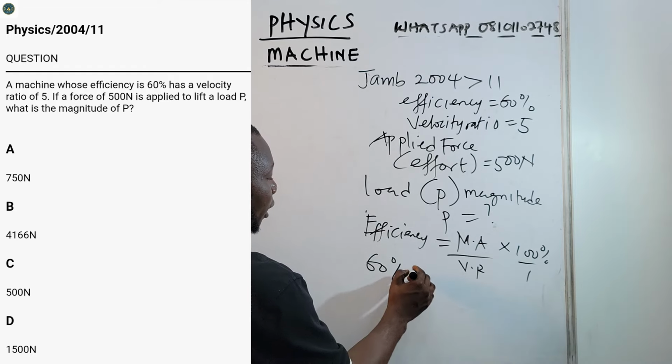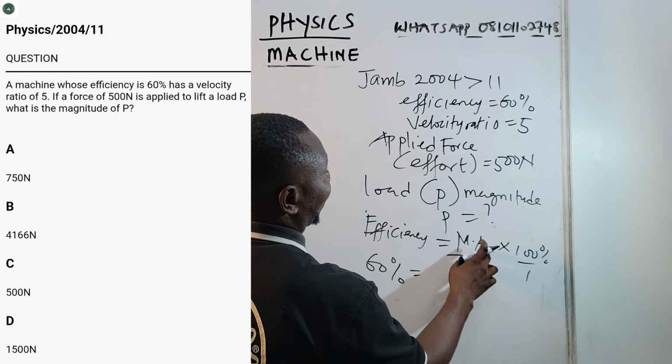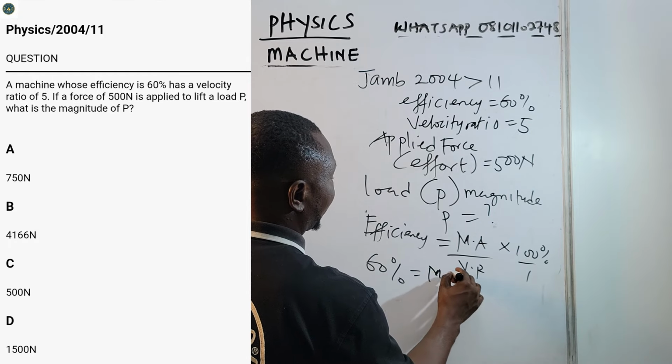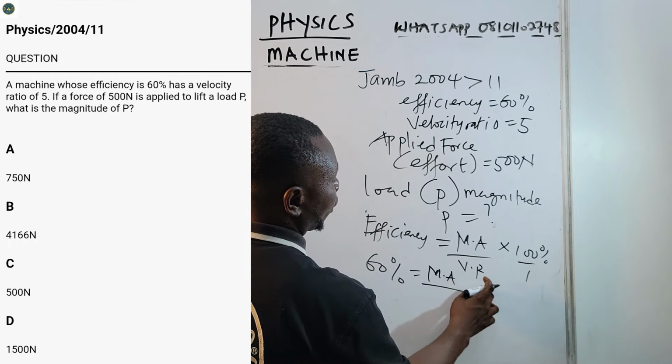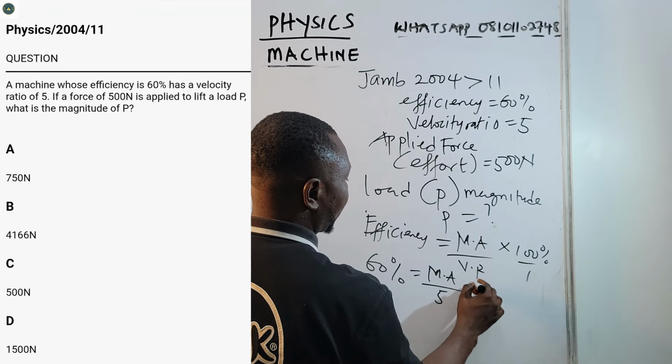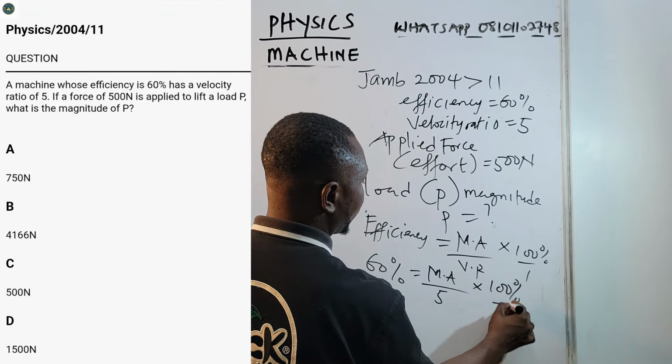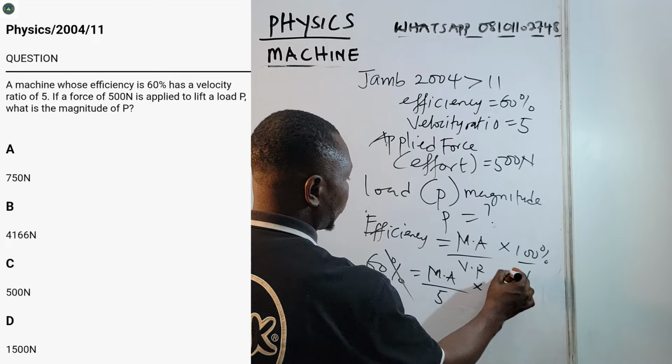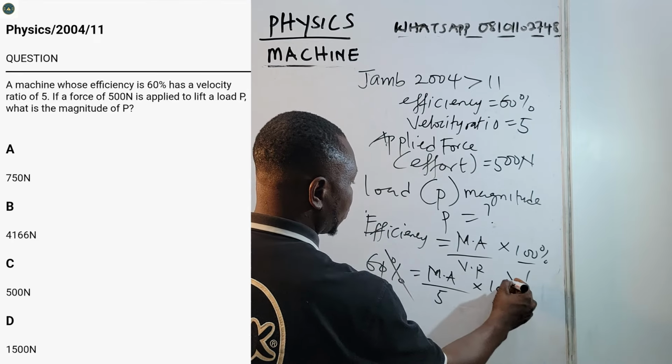So efficiency, we have 60%. 60% equals mechanical advantage, which we don't know, over the velocity ratio, which is 5, times 100% over 1. Percent cancels percent, 0 cancels 0.